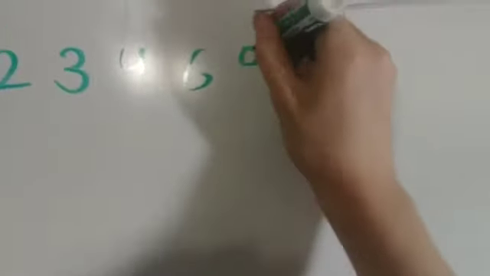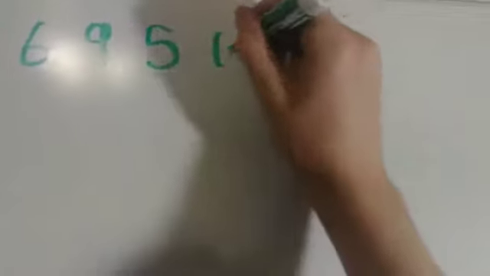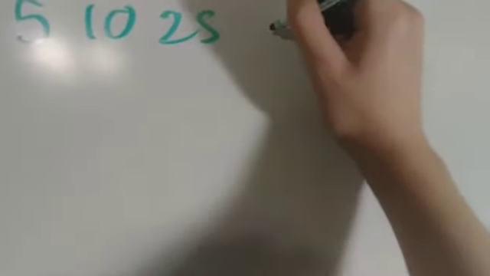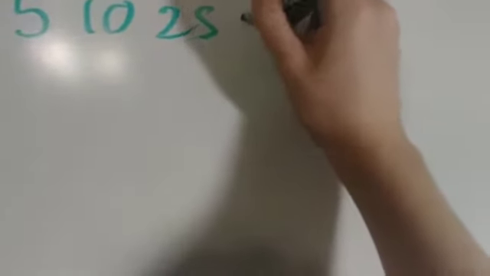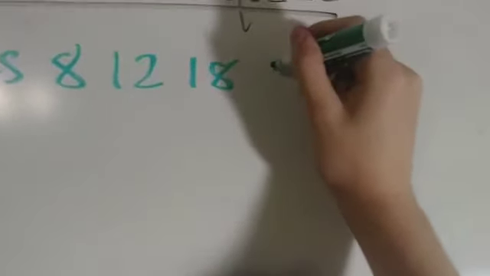And so let's write this out in the way of the original sequence in base 10. So 2, 3, 4, 6, 9, 5, 10, 25, 8, 12, 18, 27.